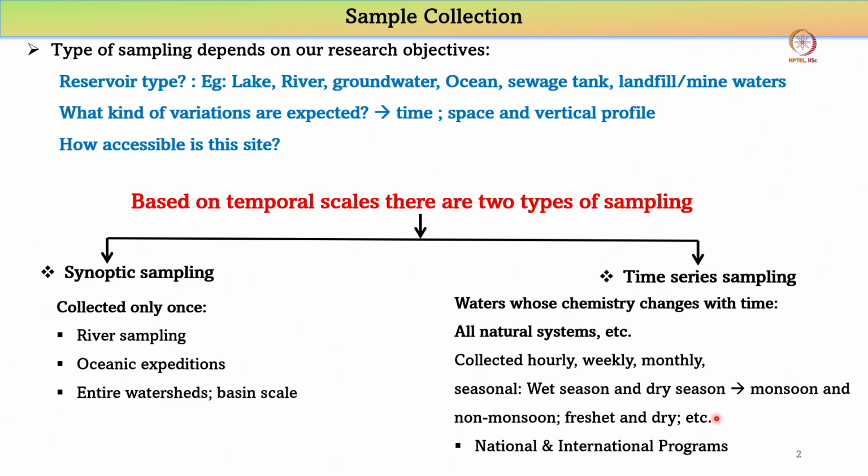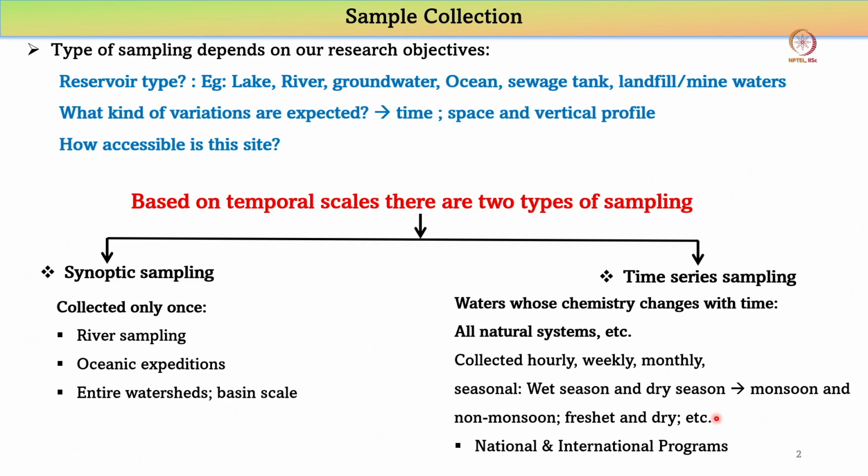Now, time series sampling, as I said, can be of different resolutions. It can be daily resolution, it can be weekly resolution. So you basically fix the resolution, whether you come to take a sample every day, or you can decrease it to per hour also, you can sit there and take a sample every hour. So that becomes however it suits your research objective and suits your logistics.